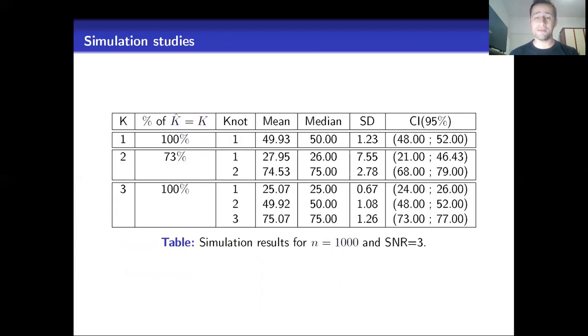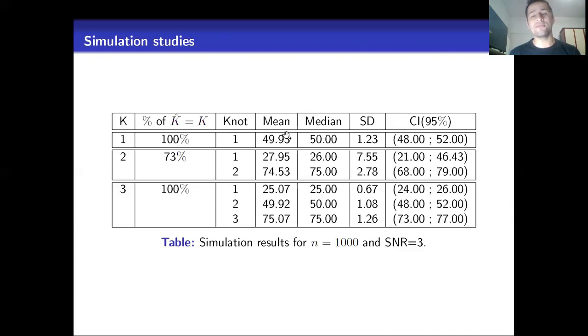So we have here the table with the results for one scenario of sample size 1000 and signal-to-noise ratio 3. Then, for example, when we had an underlying function with 1 knot, 100% of the estimates of K correctly estimate the number of knots as 1.